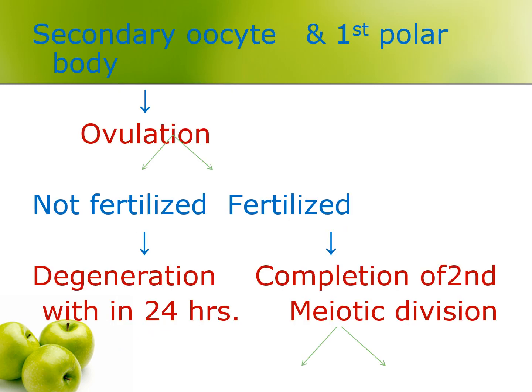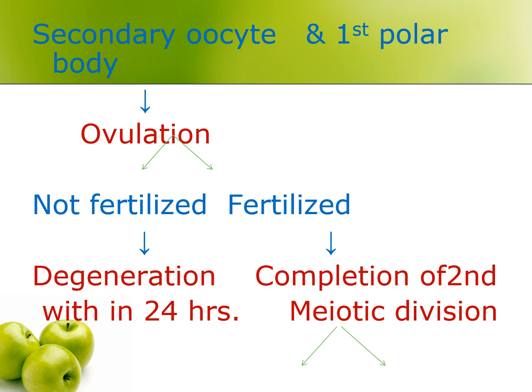The secondary oocyte, which is formed after the first meiotic division, contains 23 chromosomes, 23 X chromosomes, that is half of the chromosomes, and the balance half of the chromosomes is with the first polar body.